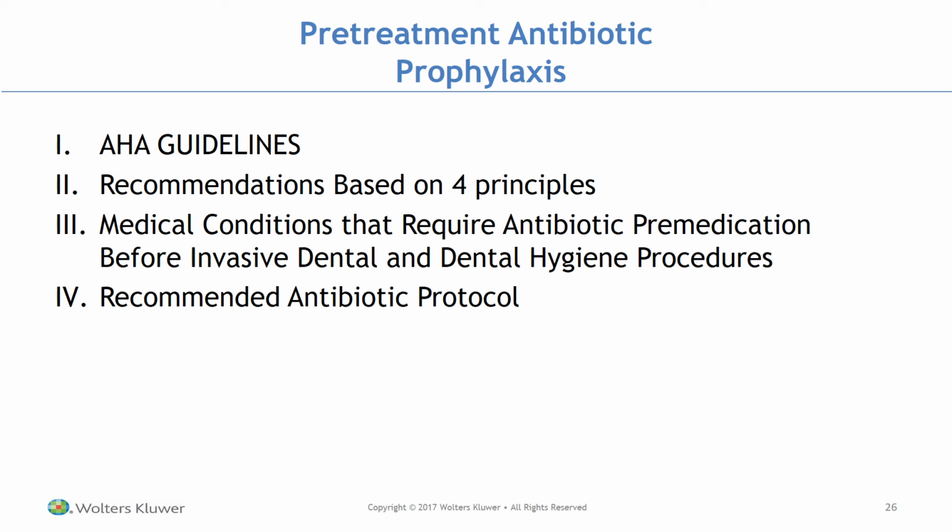Number 2, infective endocarditis prophylaxis for dental procedures is recommended for patients with underlying cardiac conditions associated with a high risk of adverse outcomes from infective endocarditis, such as a valve replacement. Number 3, for patients with these underlying cardiac conditions, prophylaxis is recommended for all dental procedures that involve manipulation of the gingival tissues.